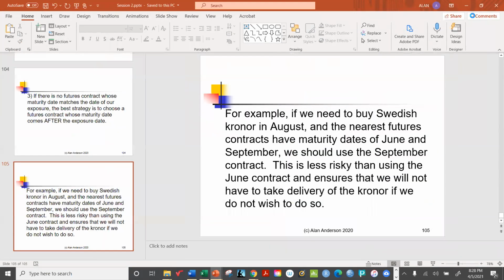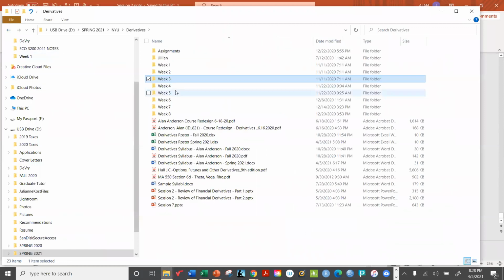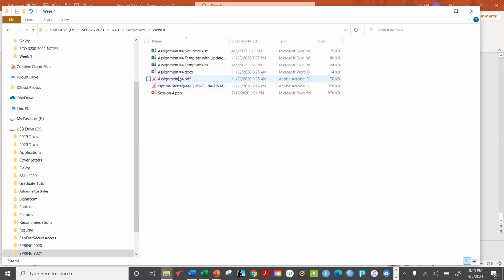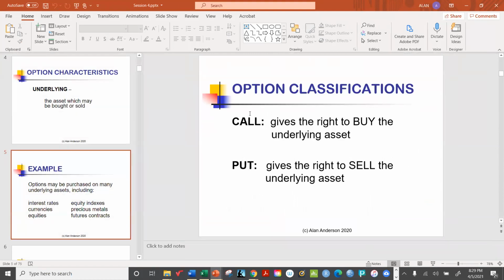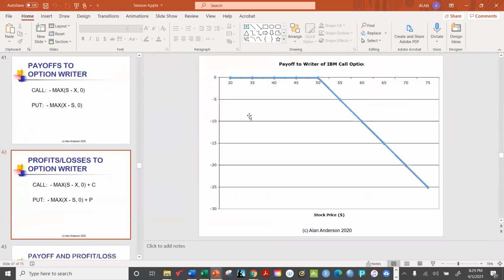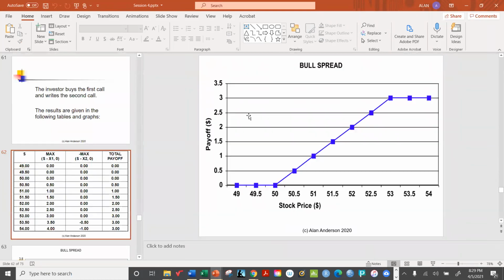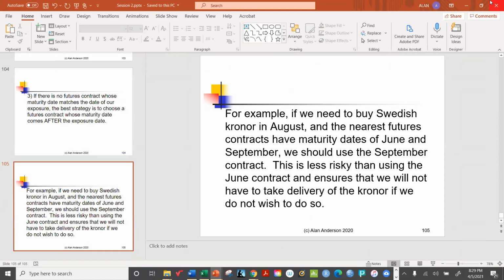And then in week 4, we'll return our discussion to options. We'll get an opportunity to take a much deeper look at options markets and how they work, and some basic trading strategies that we can carry out with options. So we're going to get deeper and deeper into this material.